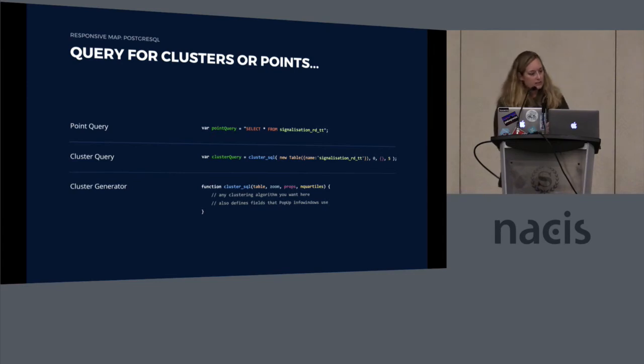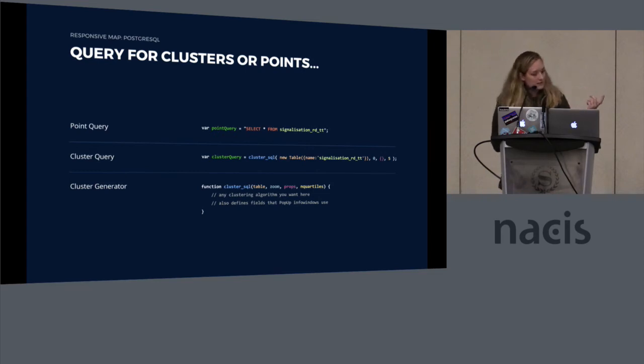And really quickly, these are what the queries looked like. We started off by creating variables to represent each type of query, point and cluster. When the window function detects that the screen width matches 550 pixels or less, it runs this JavaScript function at the bottom here that generates cluster SQL. And then it uses another JavaScript function to create the data layer with the result of that query and the cluster styles.